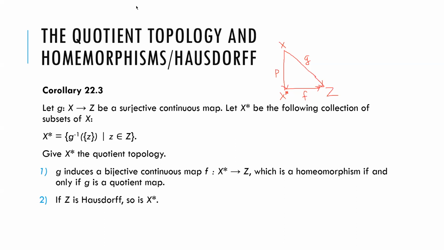So if you assume G is a quotient map, then why wouldn't the preimages be equivalent? Wait. If two preimages give different outputs, that just cannot happen, because G is just a function.